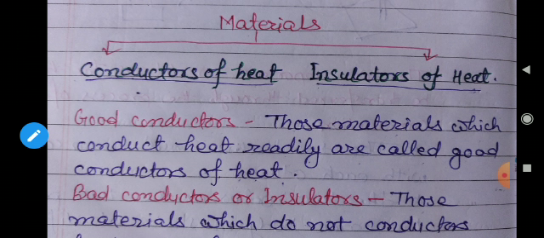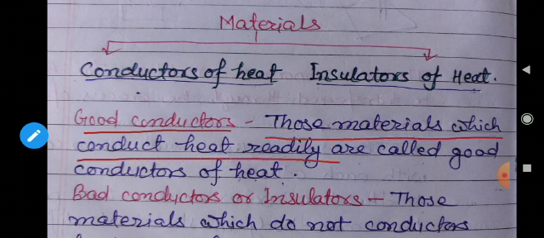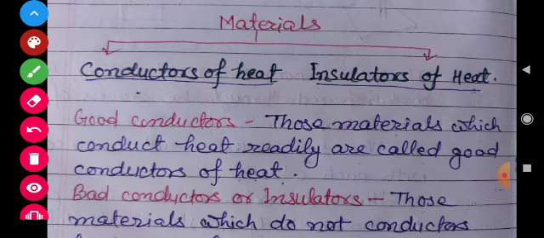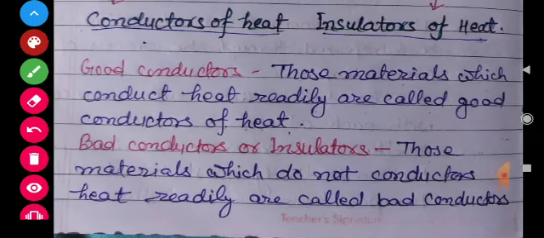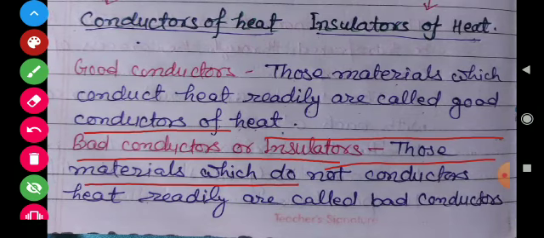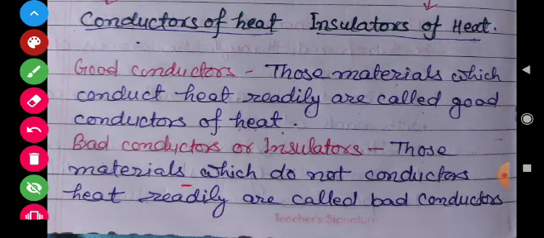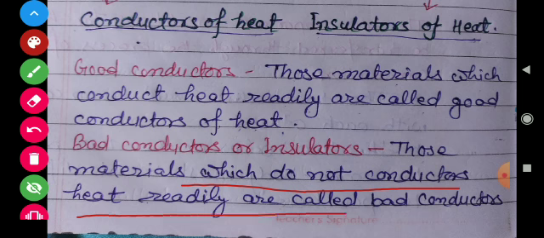Good conductors are those materials which conduct heat readily, whereas bad conductors of heat are those materials which do not conduct heat readily.